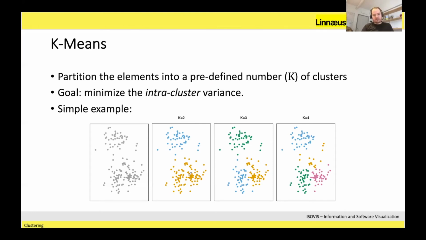And then as you can see, you break down slowly. For example, if you look at K equals 2, it's like, okay, this is quite an obvious partition into 2 clusters. It's very clear that there are at least 2 clusters in this data set. Then when you break them into 3, I mean, it's not bad. But if you look at this borderline over here, is it really that easy to say which cluster these points are part of?